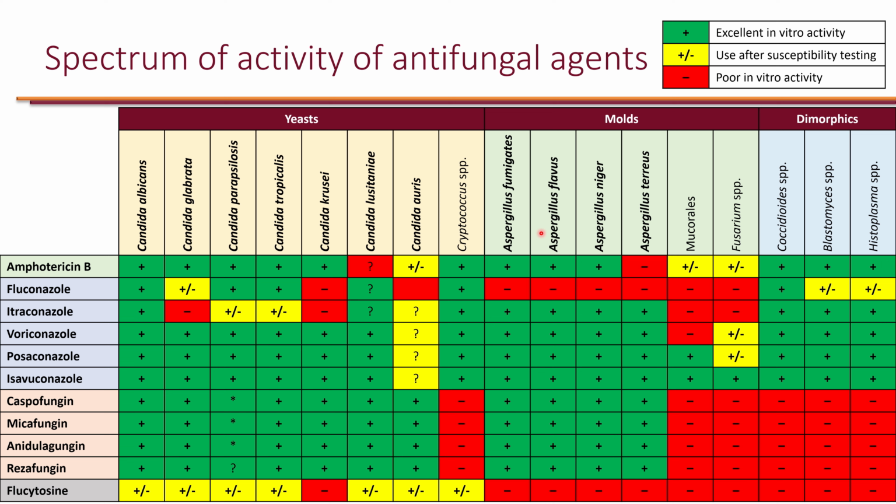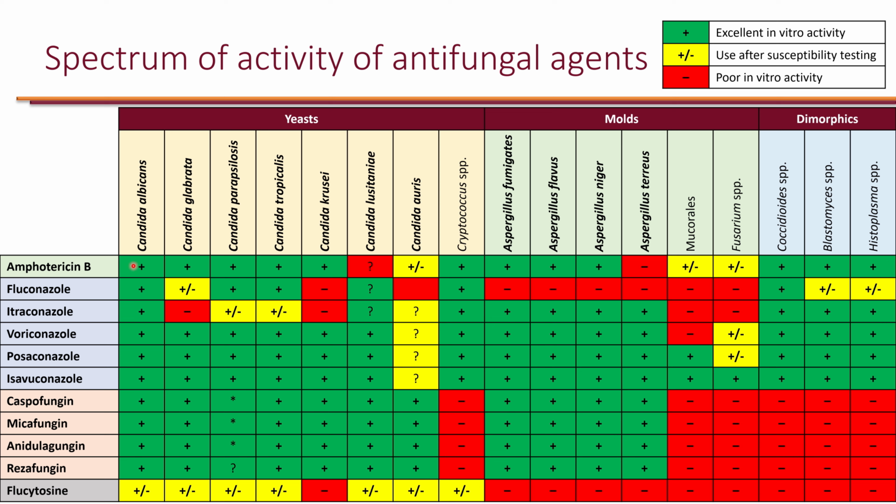Now, lastly, let's take a look at the spectrum of activity of these agents. It's good to think of yeasts, and then molds, and then dimorphics. When it comes to yeast, these are the significant Candida species that cause clinically important fungal infections, and there's also Cryptococcus.